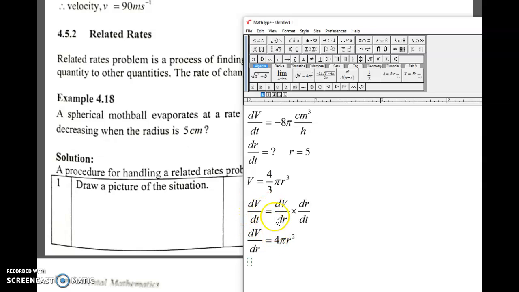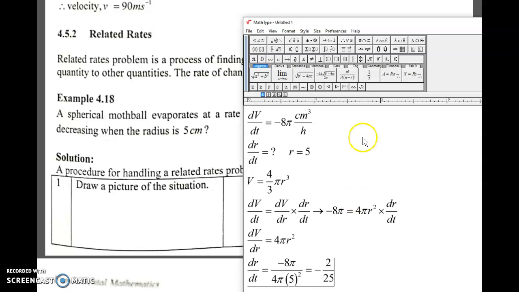So of course we should be able to find dr/dt. Just substitute them and try to solve for dr over dt. Note that I substitute this with the information of r given here, when the radius is 5. So I get negative 2 over 25.